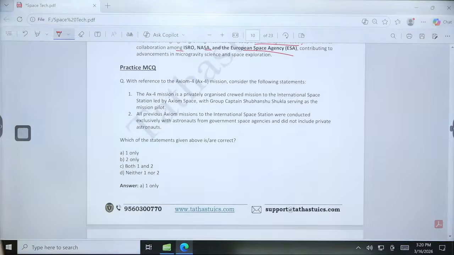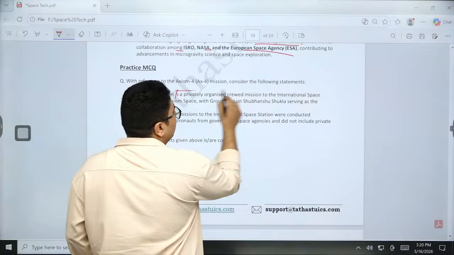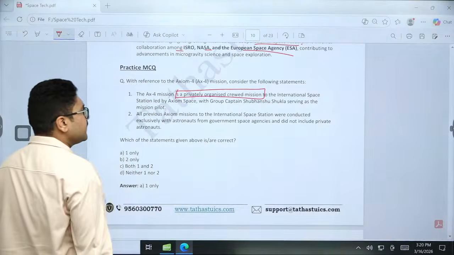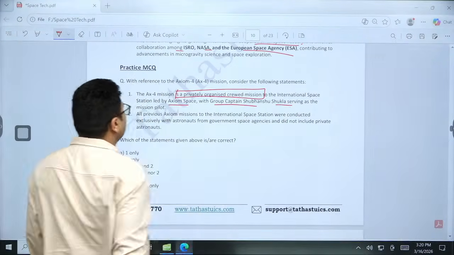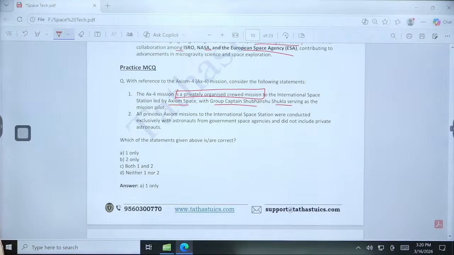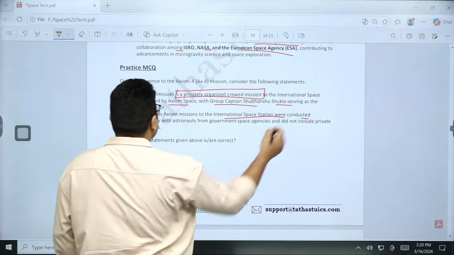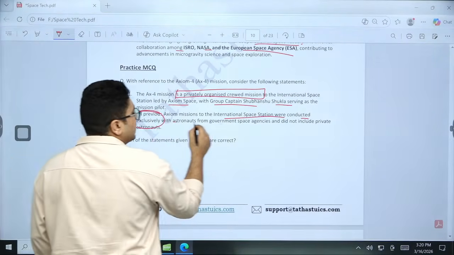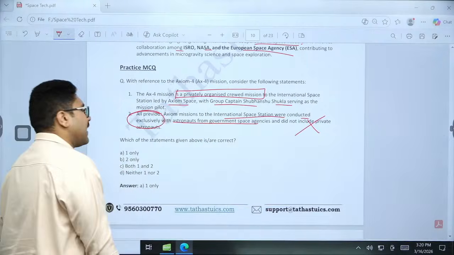Axiom 4 mission. The Axiom 4 mission is a privately organized crewed mission to the ISS led by Axiom Space, with Group Captain Shukla serving as the mission pilot. This is the right statement, there is no problem. All previous Axiom missions to the ISS were conducted exclusively with astronauts from government space agencies and did not include any private astronauts.